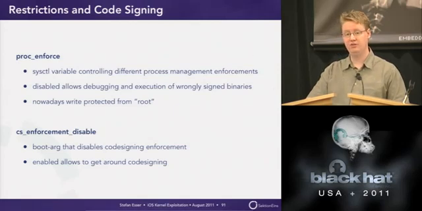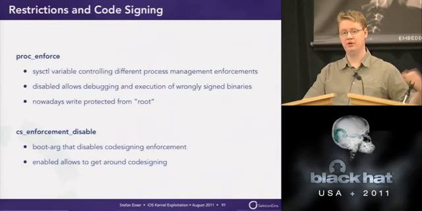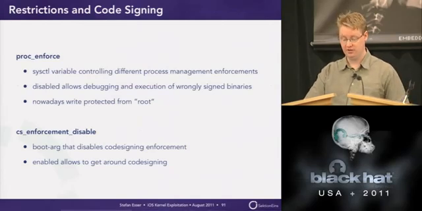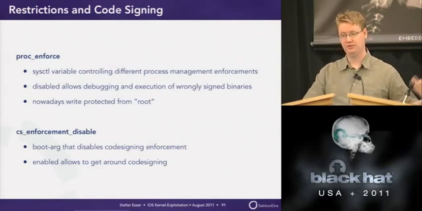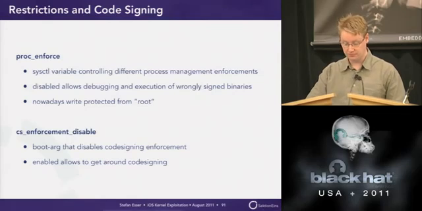Previously, ROP payloads were just disabling it as root user, but with 4.3.0, Apple decided that it would be better to have this as a read-only variable. So with 4.3.0, it's not possible to set this as root anymore. So you have to patch it from the kernel. And this actually allows you to execute wrongly signed binaries.